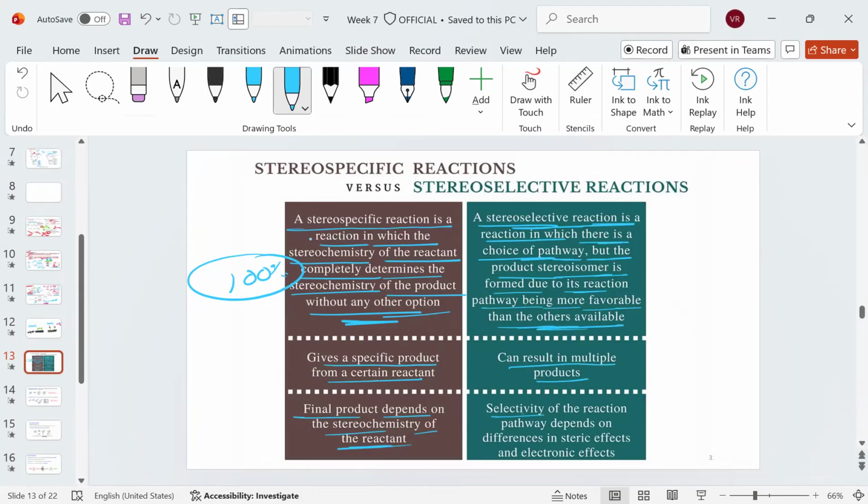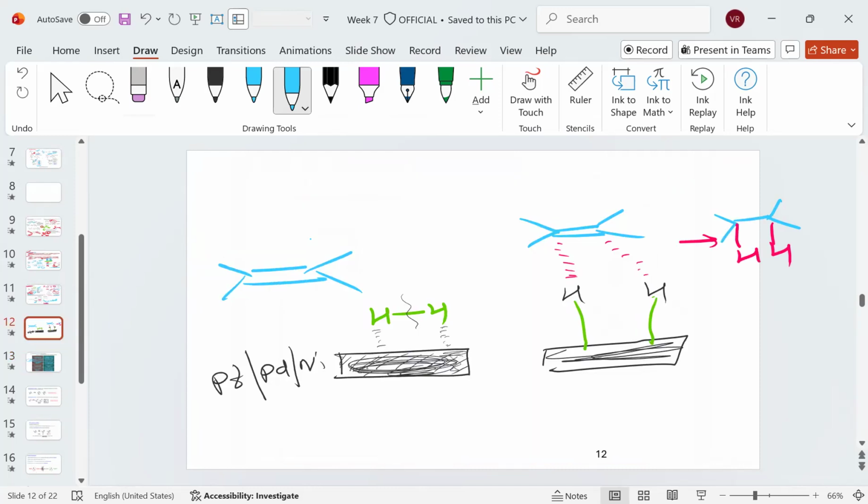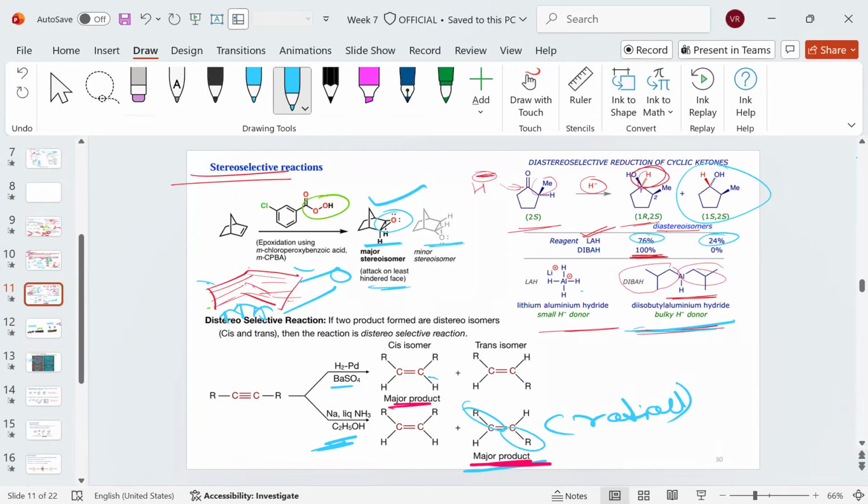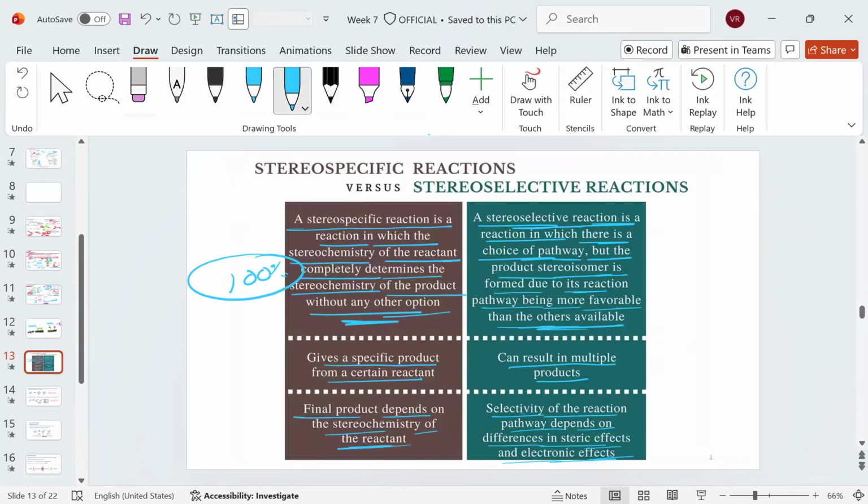And the stereoselectivity of the reaction pathway depends upon the difference in the steric effect and the electronic effect. I have shown one example here of this reduction. Depending upon the chiral environment of the adjacent center, the stereochemistry of this chiral center is affected in this reaction condition. So that's what happens in stereoselective reactions.